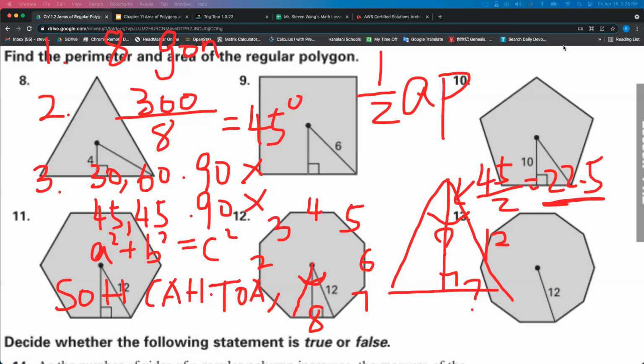Since I know my 12 is my hypotenuse, I can apply sine or cosine, one of the 2. Step 4 is going to be applying my formula, half AP, the apothem and the perimeter. I'm going to clear this screen, keeping what I need, and use the trig function method to apply step 4.